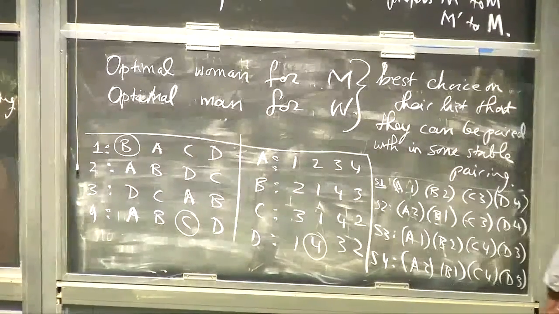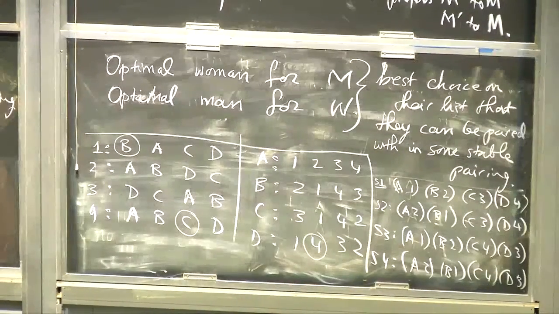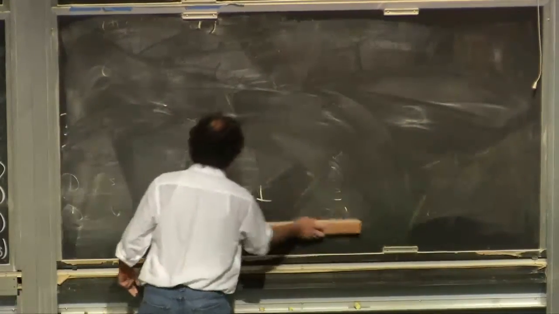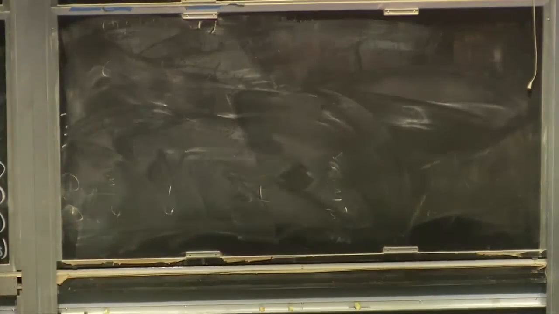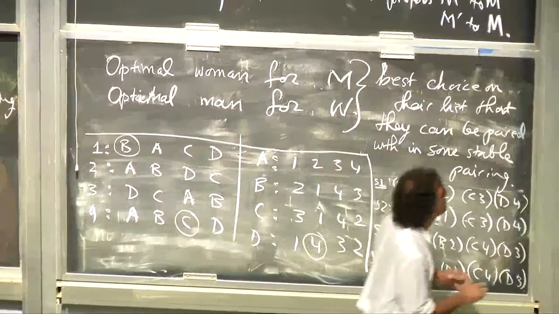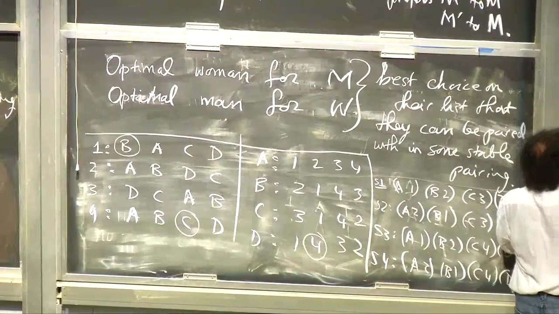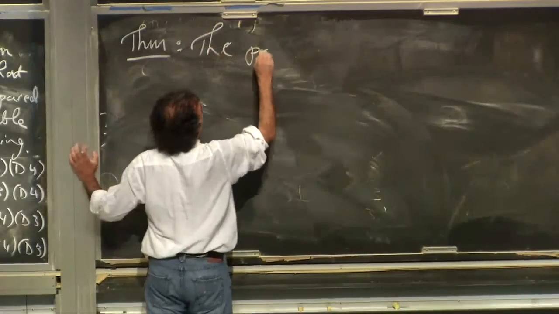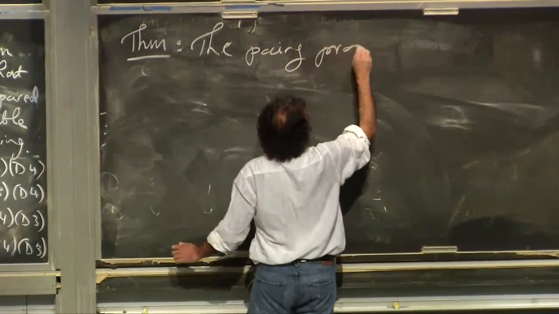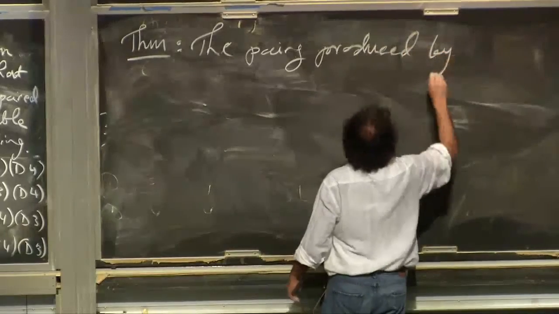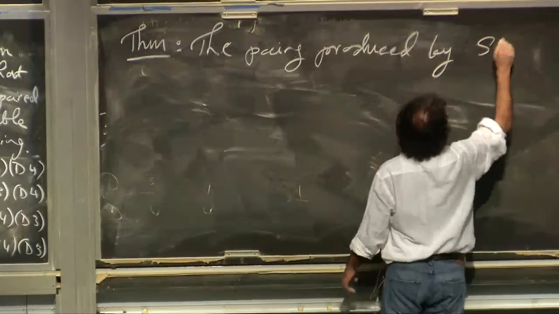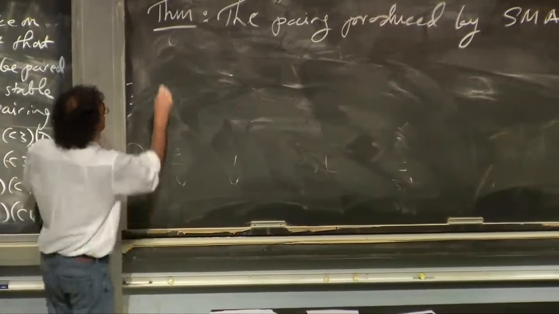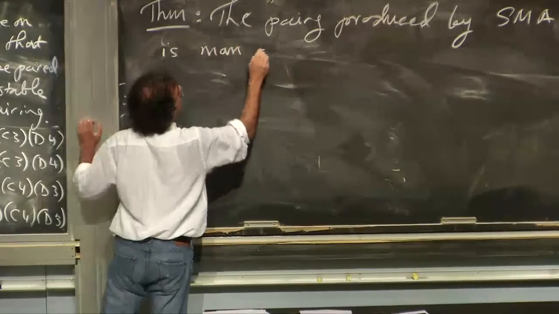The theorem says that the pairing produced by this algorithm, the stable marriage algorithm or the propose and reject algorithm, is man optimal.